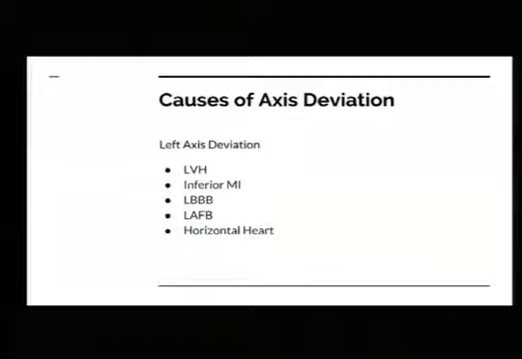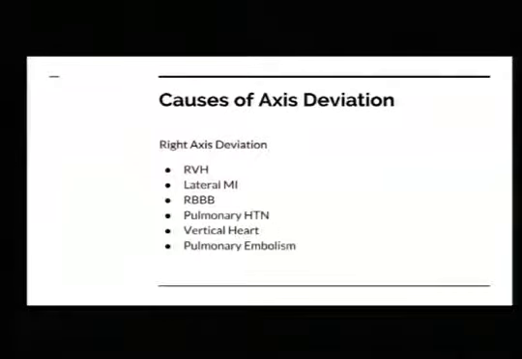So that axis deviates up and to the left because there's just more to travel through in that direction. Or a horizontal heart. You can get these congenitally, diaphragmatic hernias and other deformities from birth, or the way they've had to transplant in. Very rarely will you see that, but a few of those congenitals.